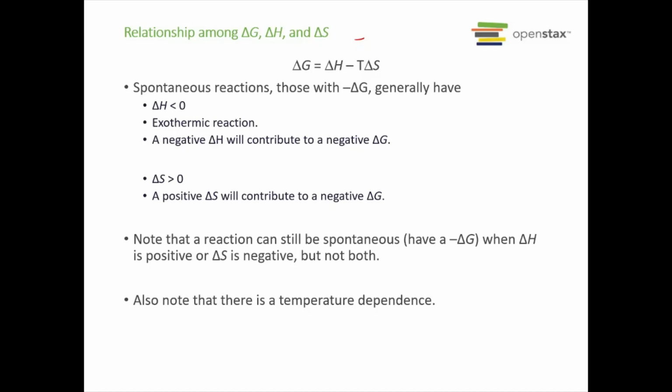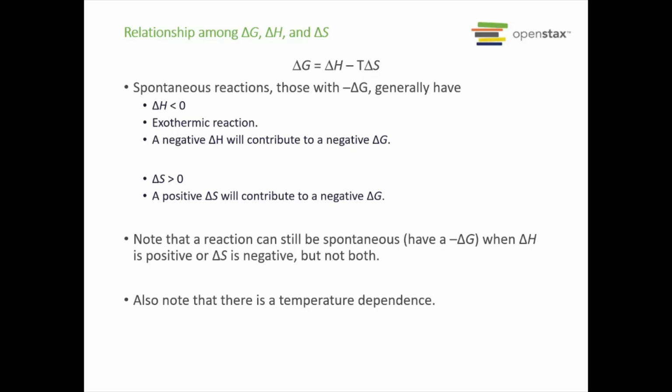If you have a negative delta S, then that turns that term into a positive. So having a positive change in entropy will contribute to a negative delta G, which makes sense, right? Positive change in entropy means more chaos, more disarray, which means it's going to be more spontaneous.